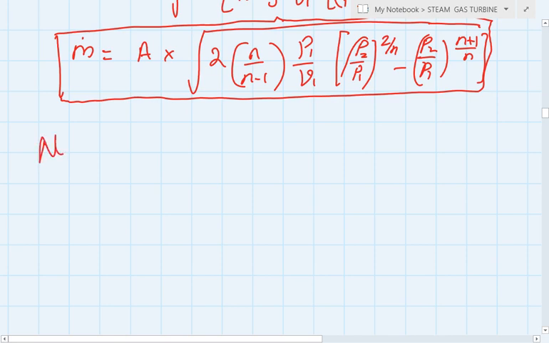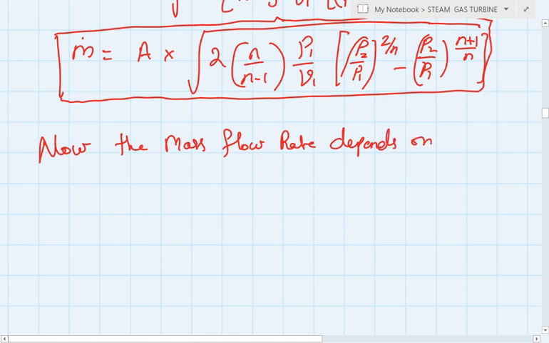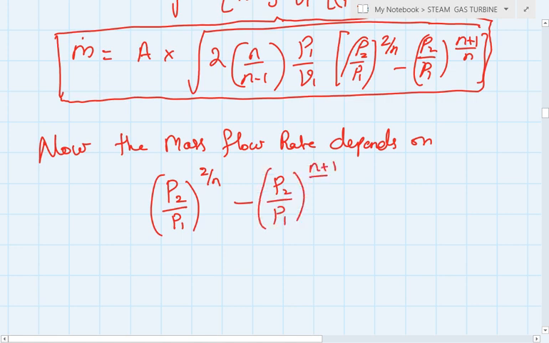So now the mass flow rate depends on one particular quantity, that is P2 by P1 to the power of 2 by n minus P2 by P1 to the power of n plus 1 by n.